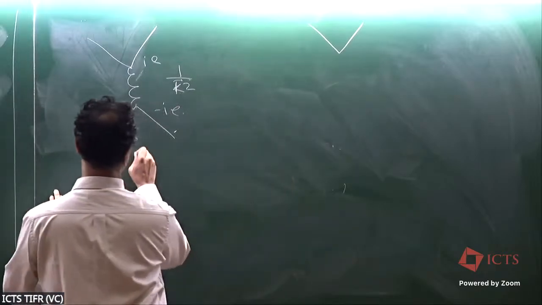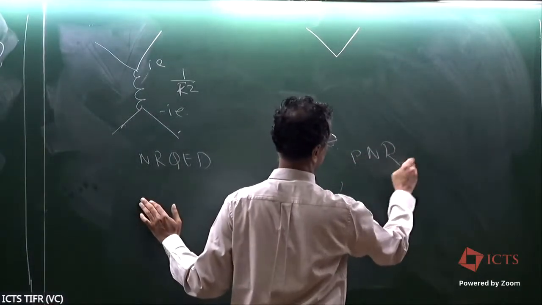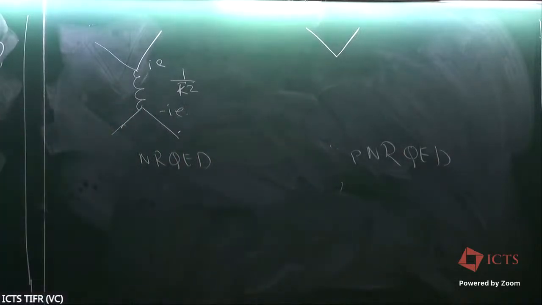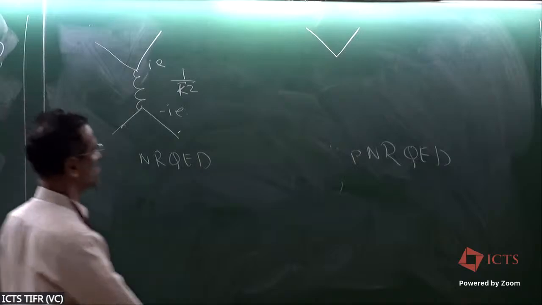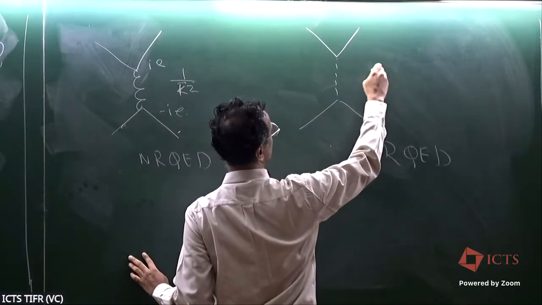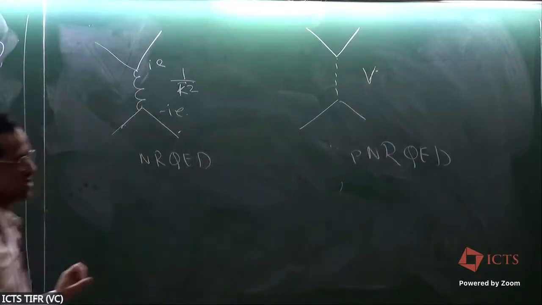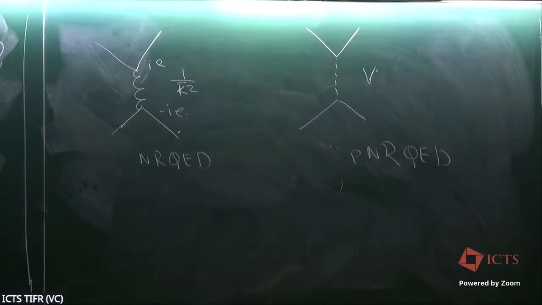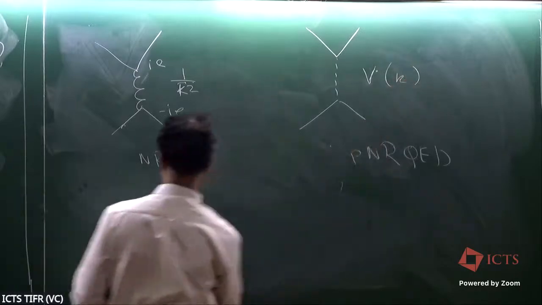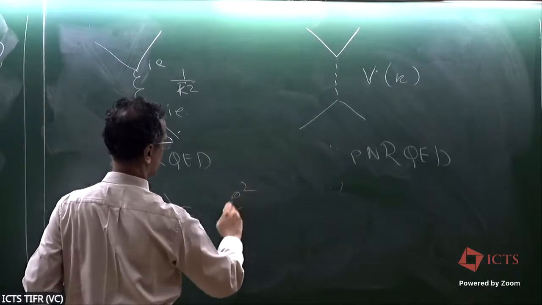So this is in another QED. In NRQED, I don't have that diagram. So what do I do? I have to introduce a new operator, let me call it the potential V. So V of K is equal to E squared over K squared.